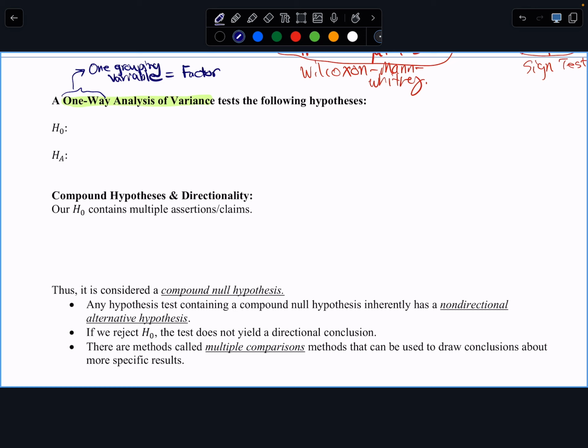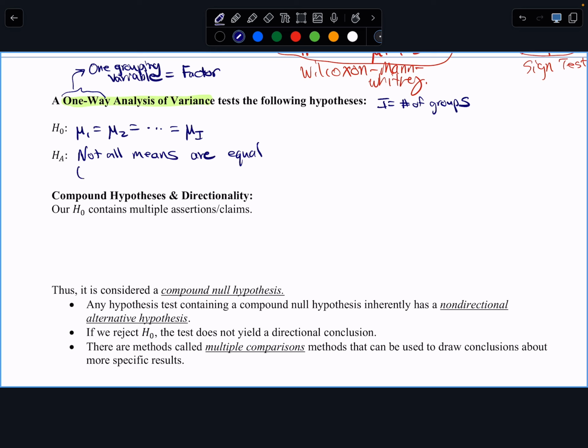For this, remember I is our number of groups. Capital I. And so our null hypothesis for this is always going to be that all of the means are going to be equal, right? And we stop at the number of groups. Our alternative hypothesis is that not all means are equal.